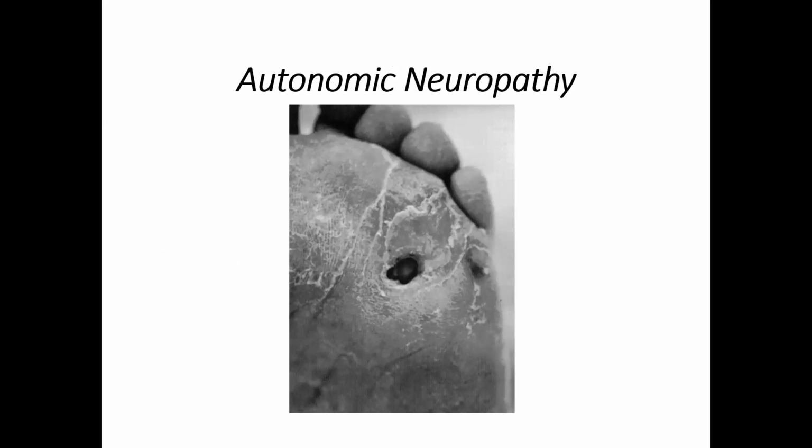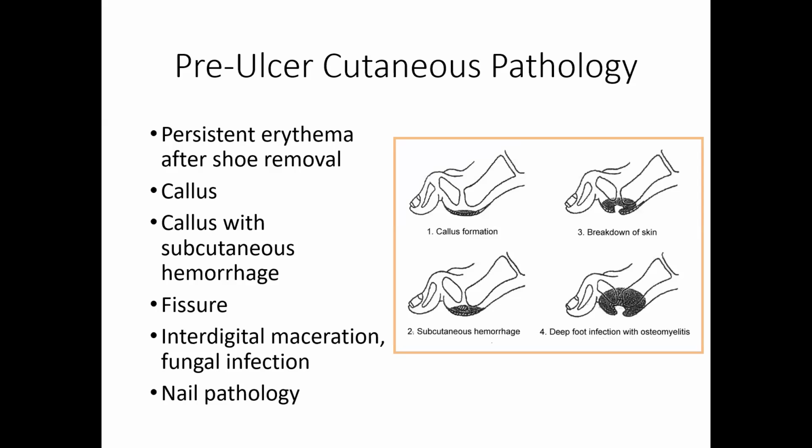Okay, this is black and white in color. So again, there are various pre-ulcer cutaneous pathologies as well, which can lead to ulcer formation. Persistent erythema after shoe removal. Then there can be callus formation, callus with subcutaneous hemorrhage. Then there can be fissure, interdigital maceration due to fungal infection, and there can be nail pathology.